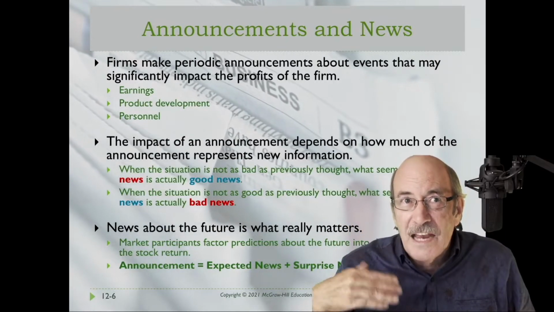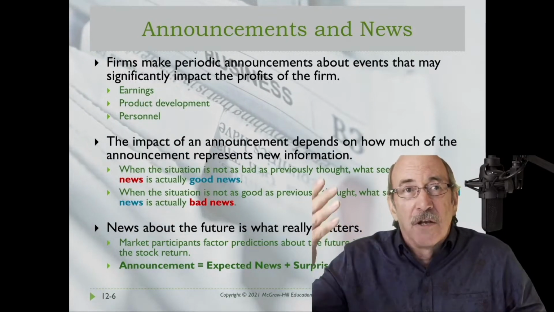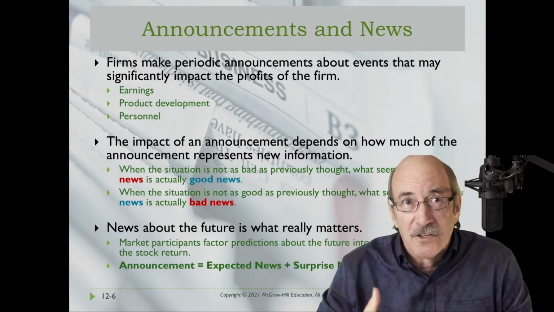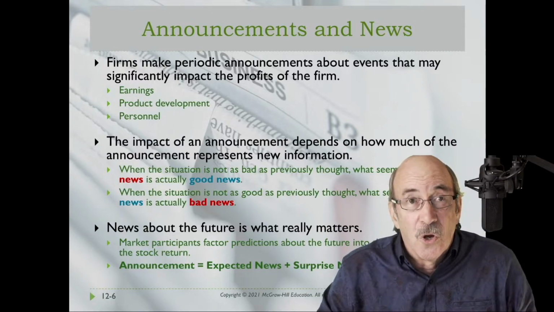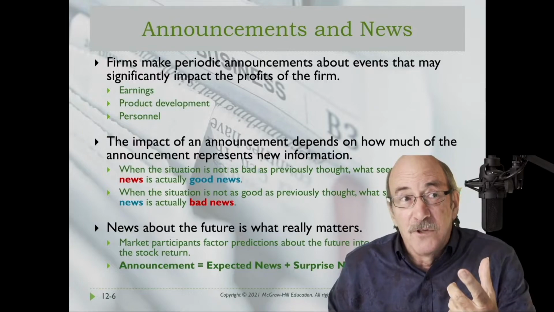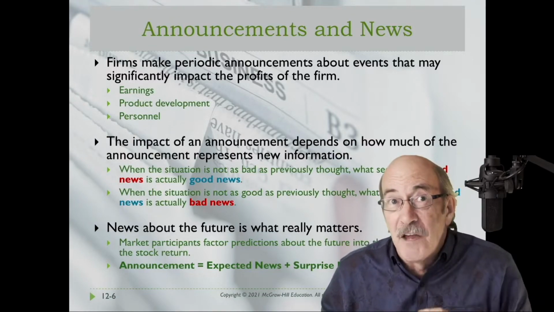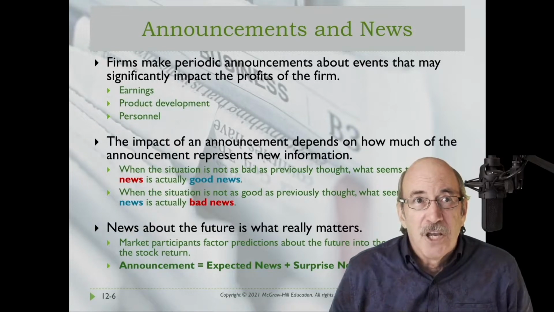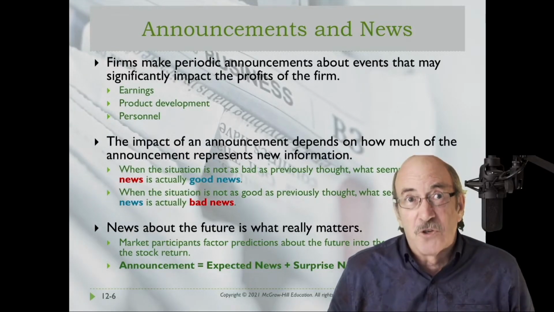And then when they actually announce, ooh, that number is a little higher than what they expected and what they led us to believe to expect. So that's a positive piece of news, but it's not a huge positive piece of news because we already expected it was going to be $5. It turned out to be $5.25.